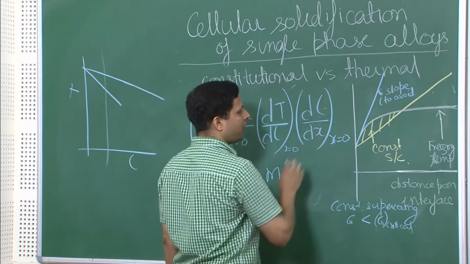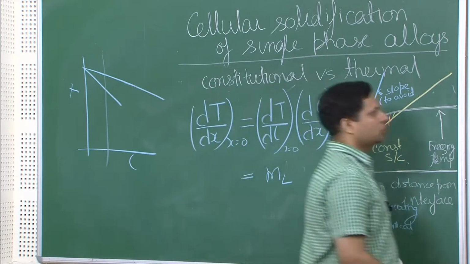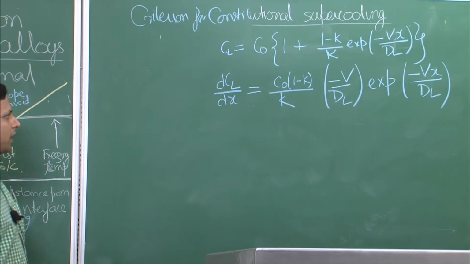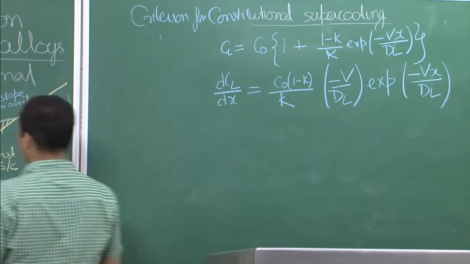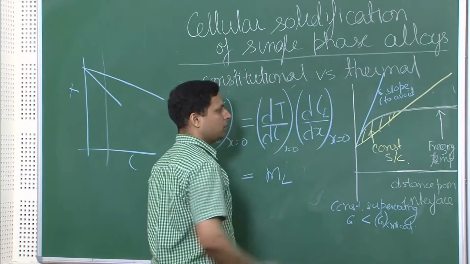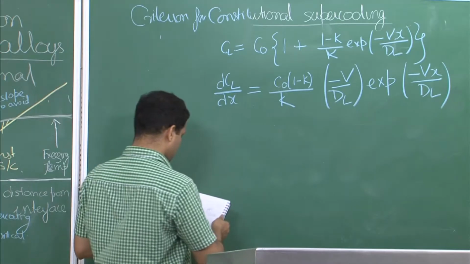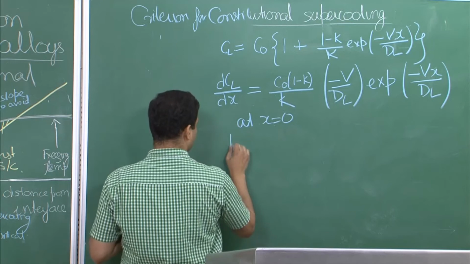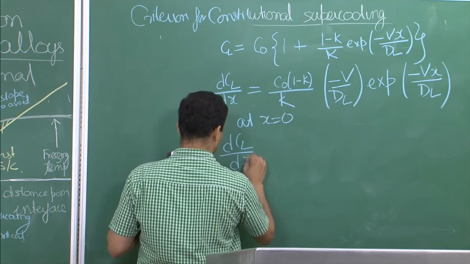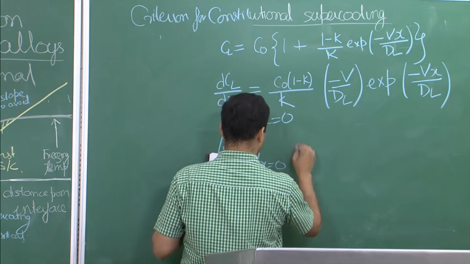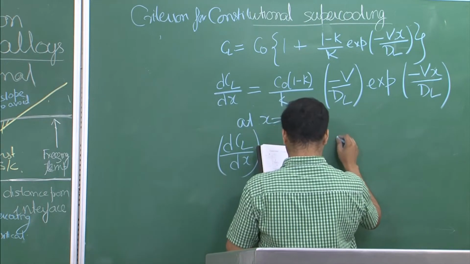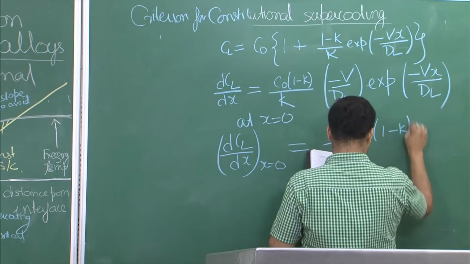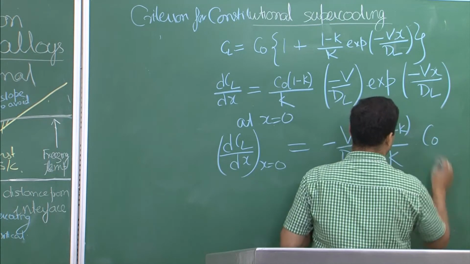Next we want dC by dx at x equal to 0. C is our concentration of liquid, so here we have the subscript L, to be consistent. Now if you put x equal to 0, what you are left with is minus V over Dl times (1 minus k) by k times C naught.